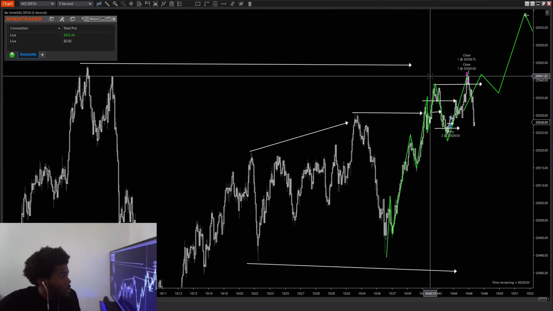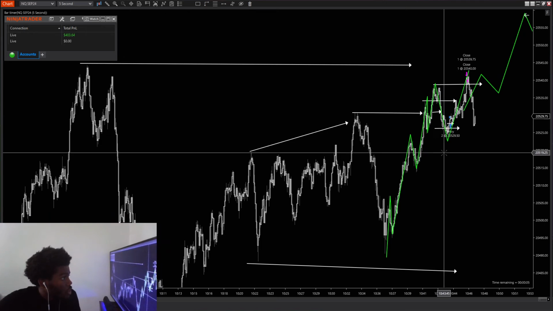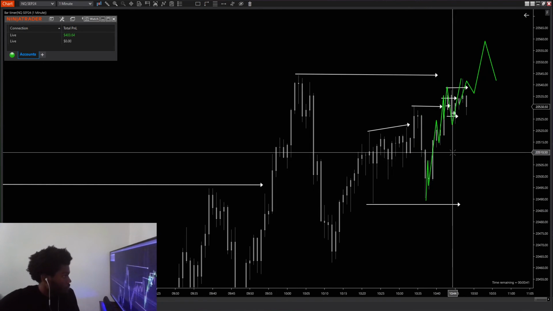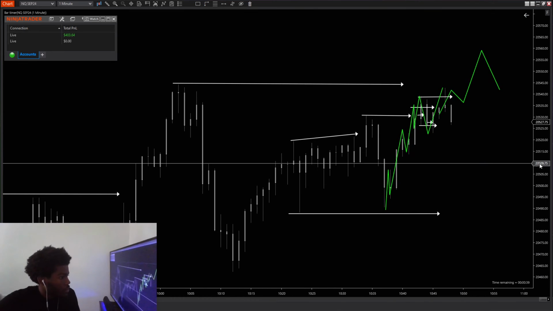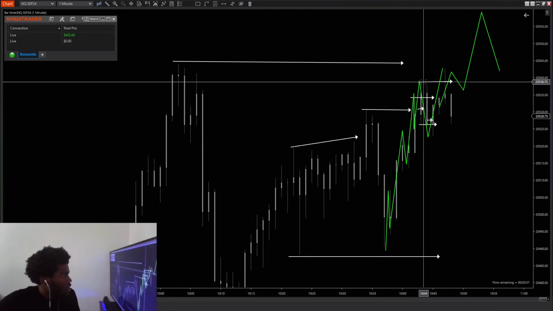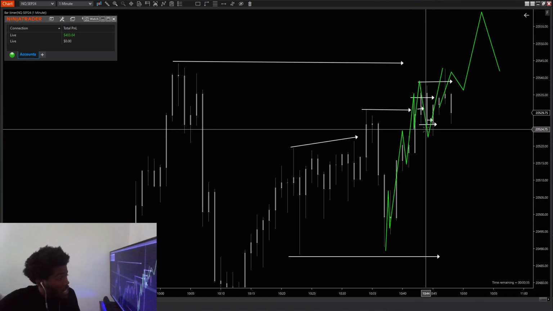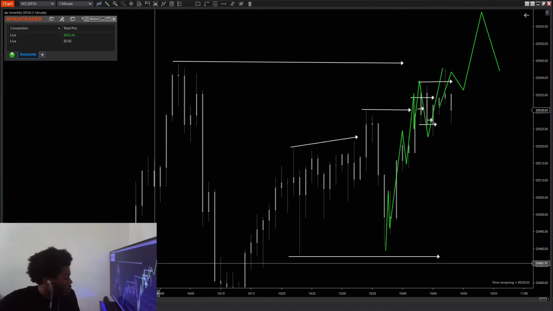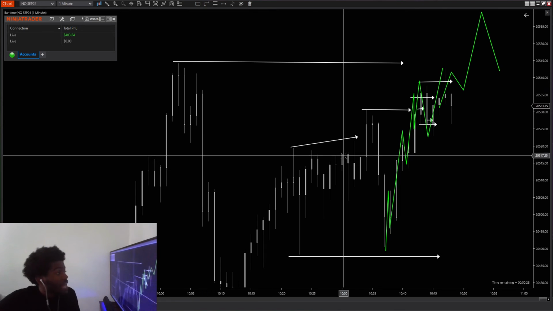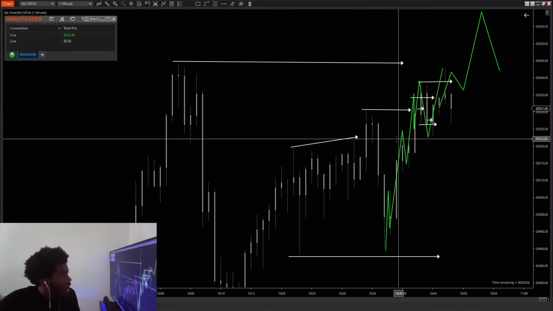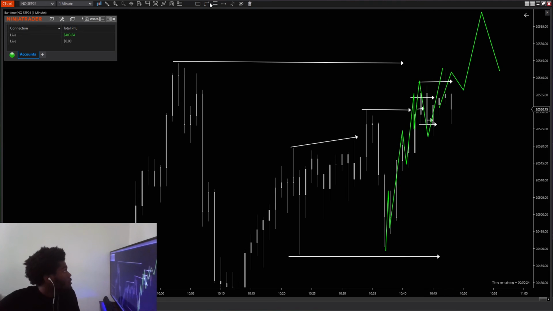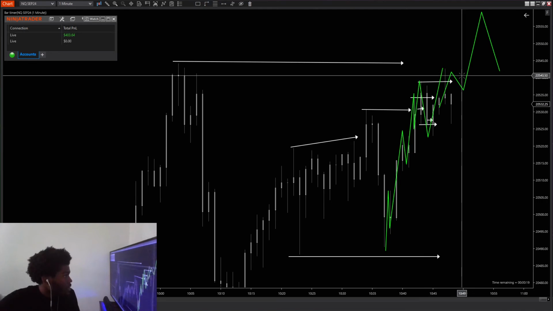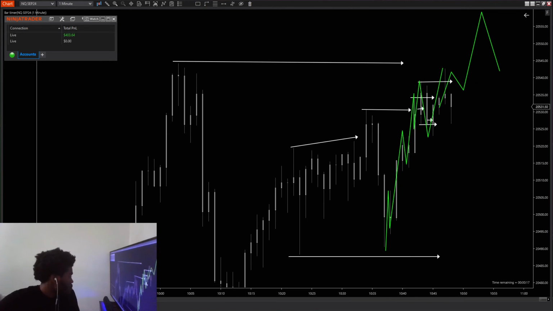It's usually just a manipulation move to continue in its direction. If you're in the mentorship, you'll know that I usually wait for a lower time frame closure against the last higher time frame candle. From then on, I'll wait for, well, the move already happened, but I'm just explaining my trade. That's what I wait for, the liquidation of the third reversal.